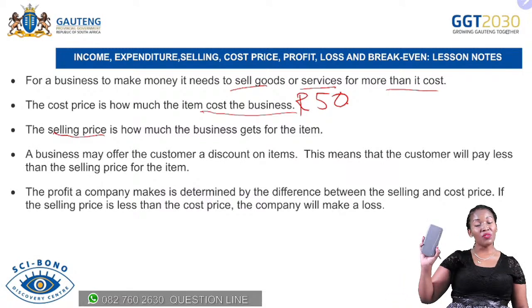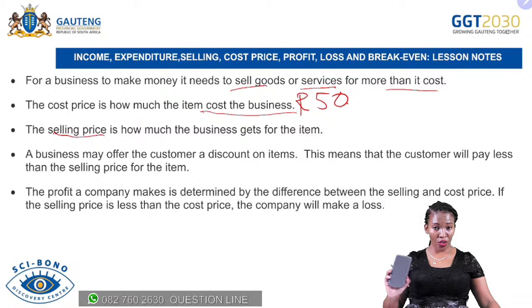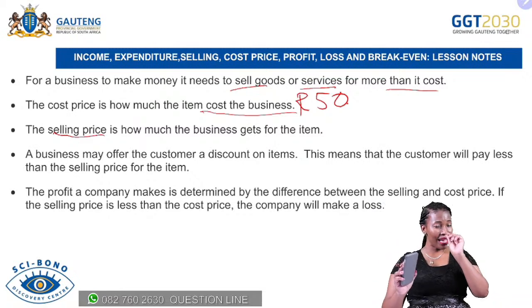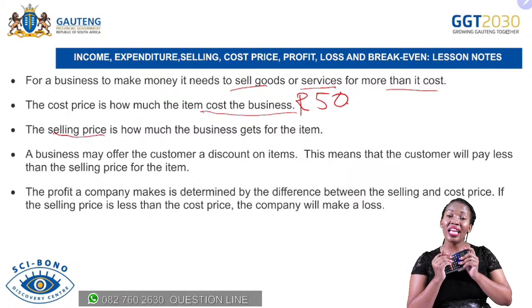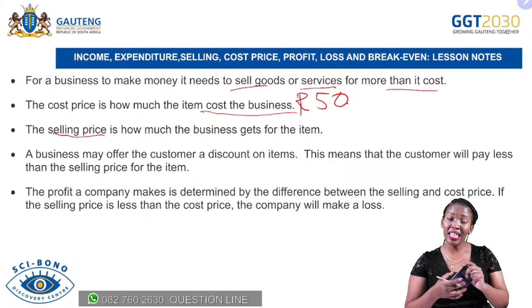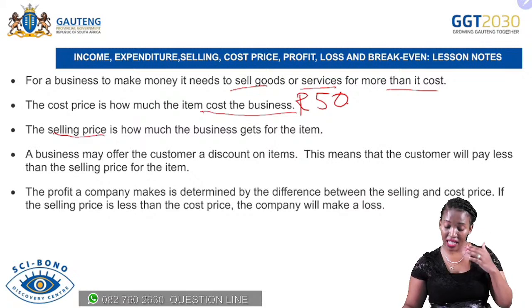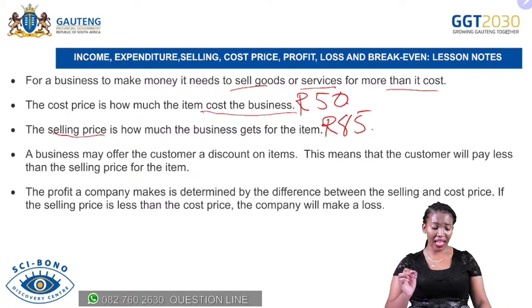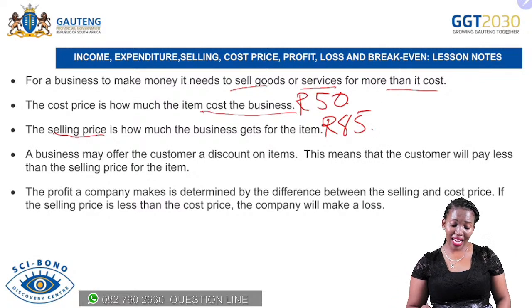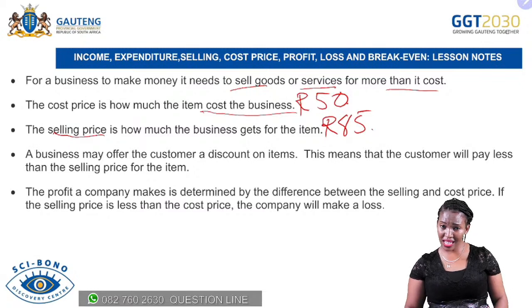I bought this for 50 rands from the manufacturer, and then when I go to my class, I sell this to my learners, and I sell it for 85 rands. So that 85 rands is my selling price.